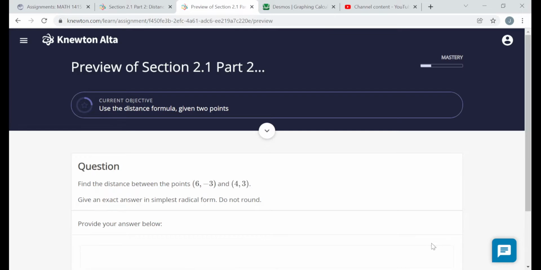All right, next question. Another distance formula question. So I'm just going to keep the formula up and we'll look at the distance between the points 6, -3, and 4, 3. So back to my paper.